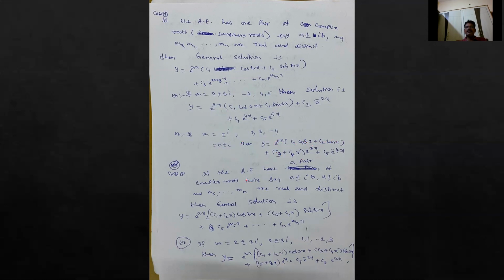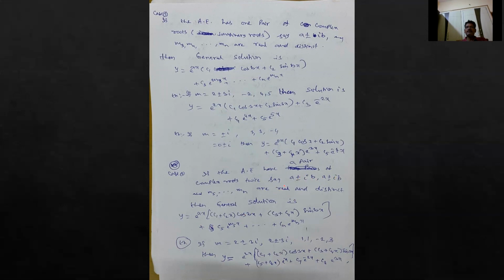So if the auxiliary equation has a pair of complex roots repeated twice, say a plus or minus ib repeated twice, and the remaining are real distinct, then we can write the solution.